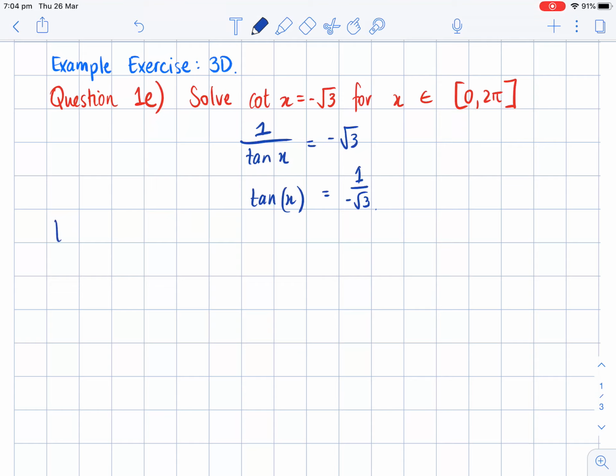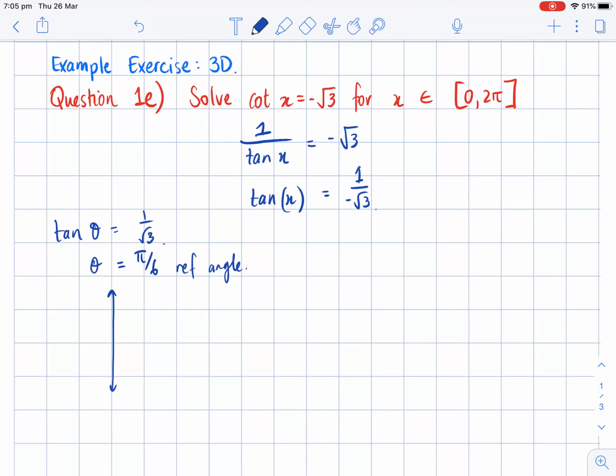And what we did previously is we would solve this for a reference angle and ignore the negative. And then that reference angle is, I'd say, okay, when is tan theta equal to 1 on root 3? And that was at pi on 6. So this is my reference angle.